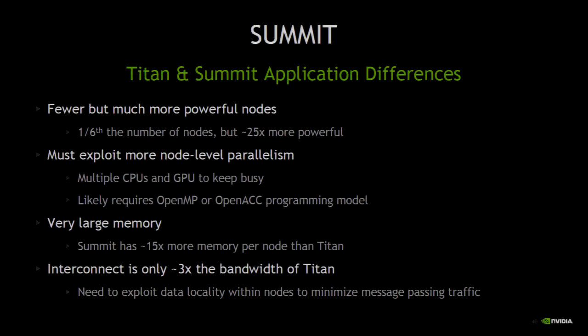Probably use the OpenMP or OpenACC programming model, but of course you are also free to use CUDA for low-level optimizations. It will have very large memory and a relatively small increase in the bandwidth of the interconnect. So again, try to minimize any communication between the different nodes and don't rely on that. Try to exploit as much parallelism as you can within the node.